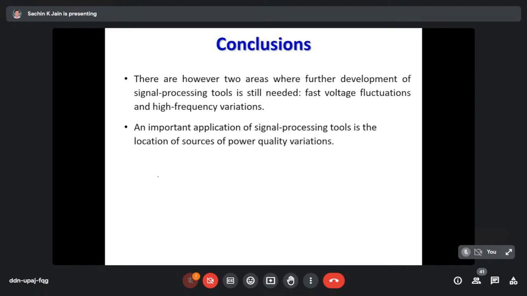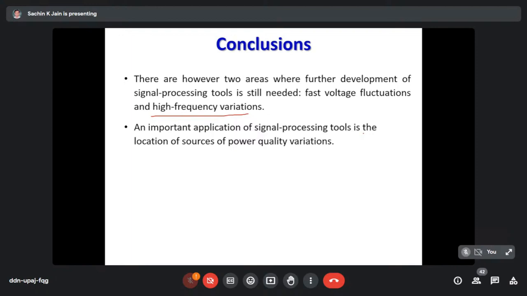There are, however, 2 areas where we need further development of signal processing tools: fast voltage fluctuations and high frequency variations. These are still open areas where we need to focus. An important application of signal processing tools is the location of sources of power quality variations. This is in practice right now.